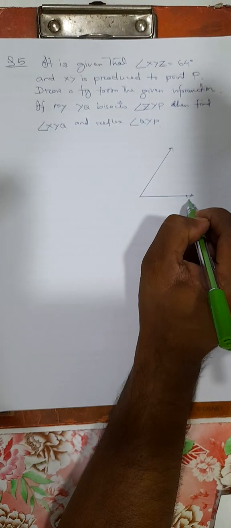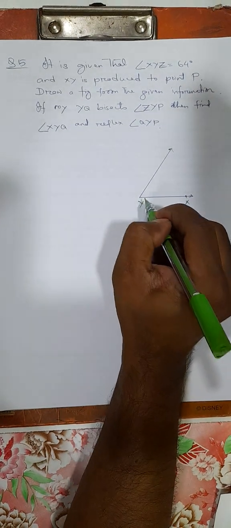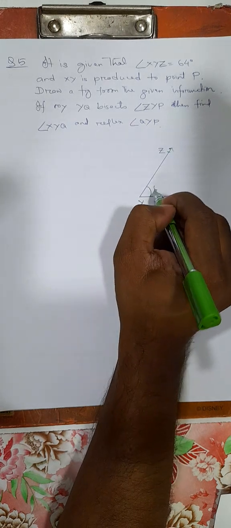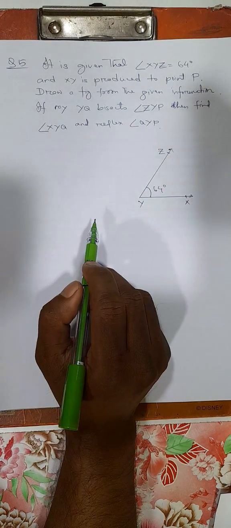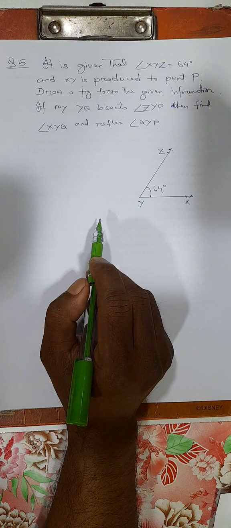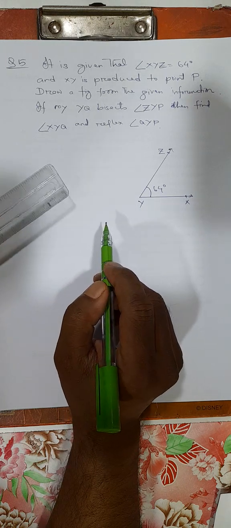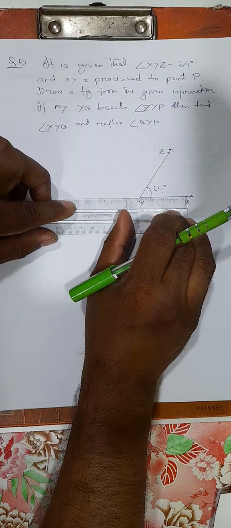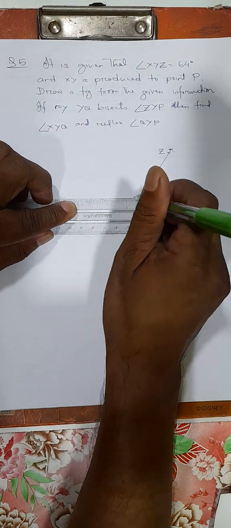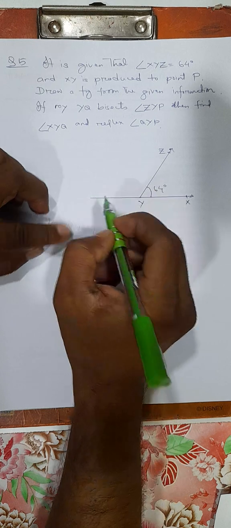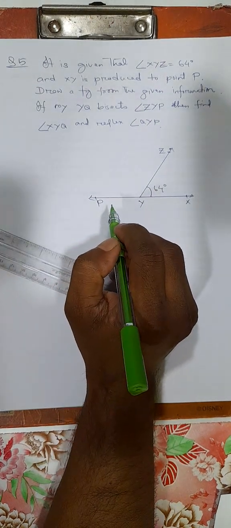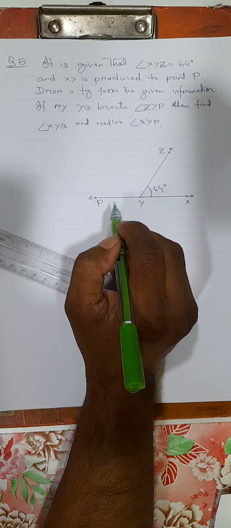So we'll treat this as X, Y, Z. XY is produced to point P. Let us extend this to the point P. This is say P. Draw a figure from the given information.